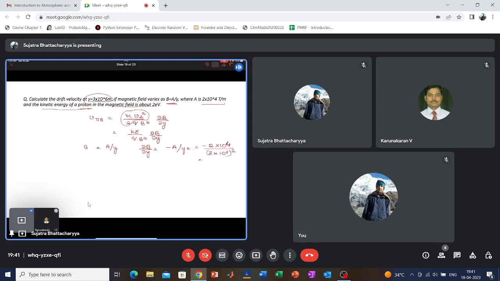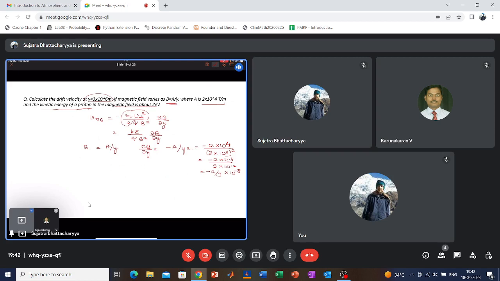So it will be nothing but minus 2 into 10 to the power 4 divided by 9 into 10 to the power 12. And that gives you about 2 by 9 into 10 to the power minus 8. You can keep a minus sign, or don't keep a minus sign, it does not matter. So there is a minus sign which is present here also. It just tells you the direction, but we need the drift velocity magnitude first.